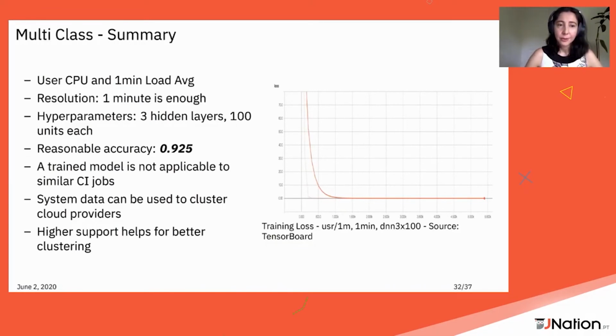And we also tried to see if this model was portable to similar CI jobs as we did with the binary classification, but unfortunately the results were not good. We also saw that clustering has huge potential in this data, and that higher support helps for better clustering.